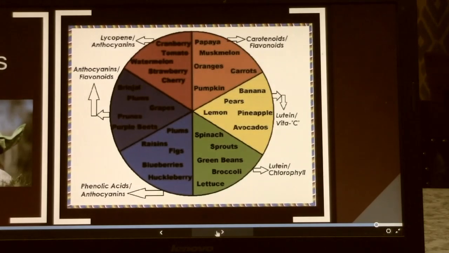So this slide here just gives you an example of some of the compounds. When we talk about eating the rainbow, you can see the different color schemes for different foods that have these particular compounds in common, and yet we can't exclude foods. There are compounds in the so-called white foods, onions, garlic, things like that that are also beneficial.